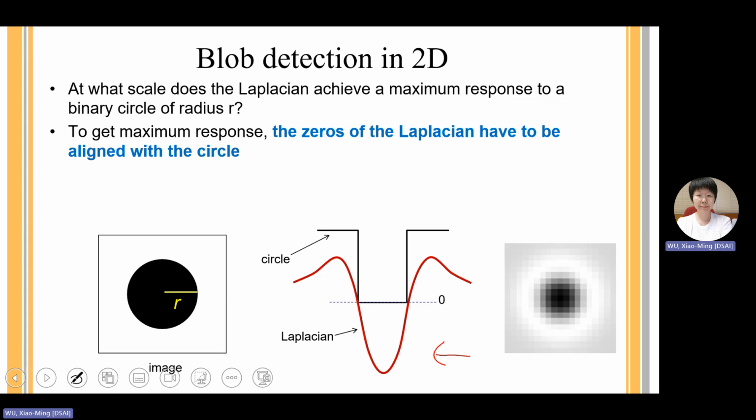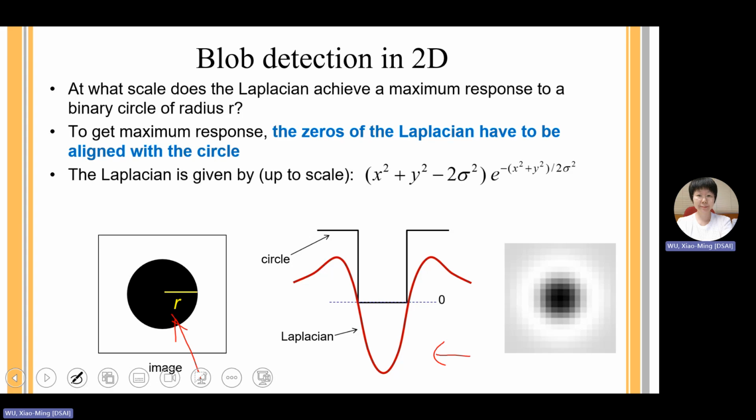Remember, the definition of a blob is just areas which are brighter or darker than surrounding areas. So apparently this is a dark blob. It's darker than its surrounding areas.